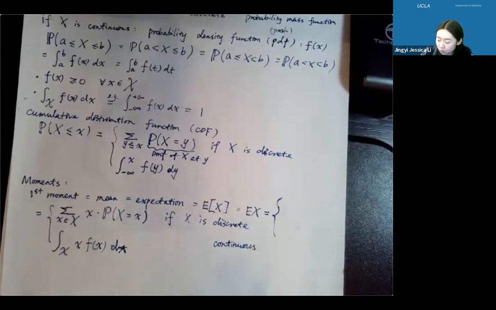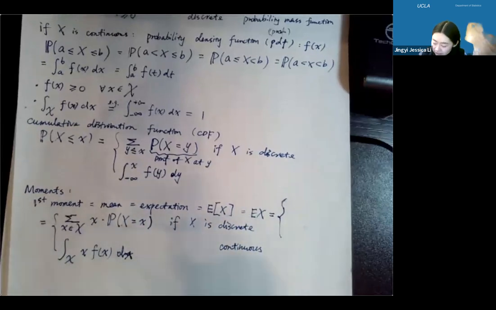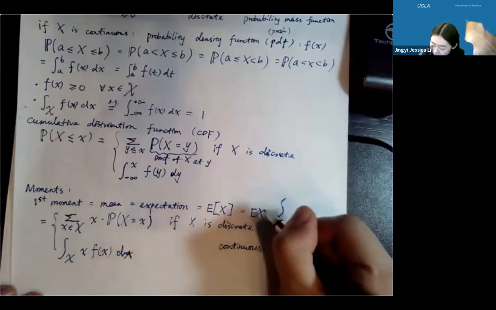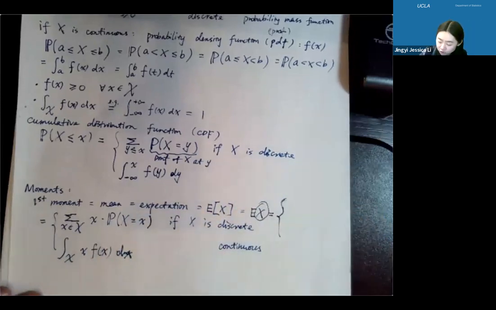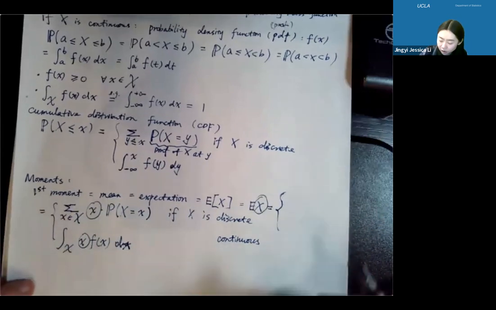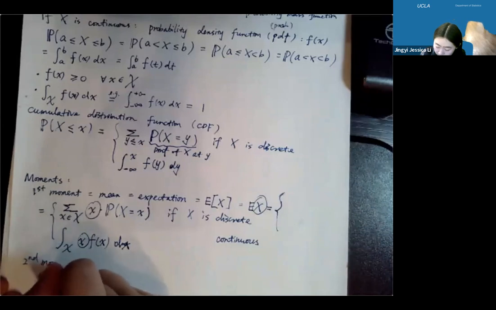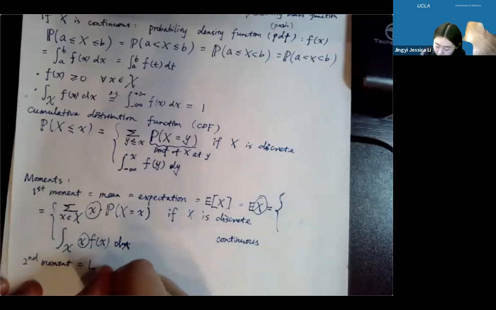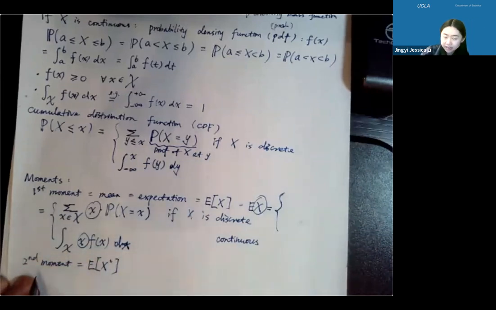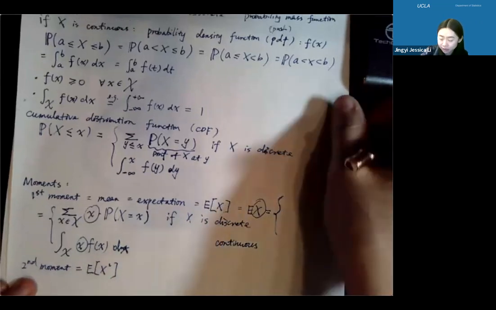Depending on what we are taking expectation over, so basically this is the quantity we're taking expectation over, we will change here correspondingly. For example, if I'm looking at the second moment, which is defined as the expectation of X squared, the first, second, these all refer to the power of X before we take expectation.